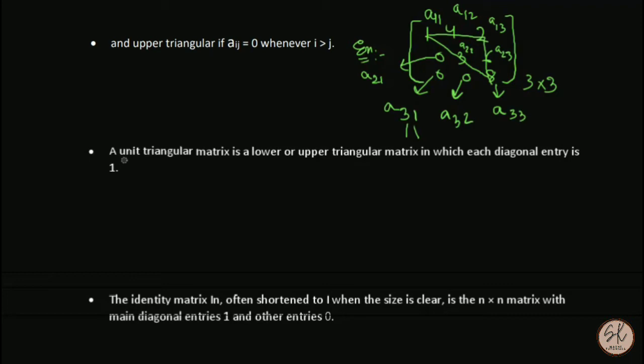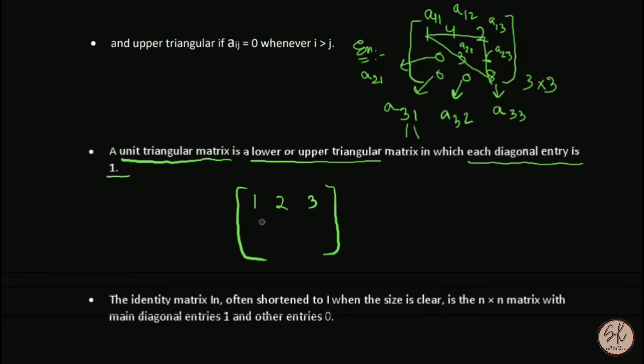Now next let us come to the unit triangular matrix. A unit triangular matrix is a lower or upper triangular matrix in which each diagonal entry is 1. For example, if this is 1, 2, 3, then 0, 1, 6 and 0, 0, 1.